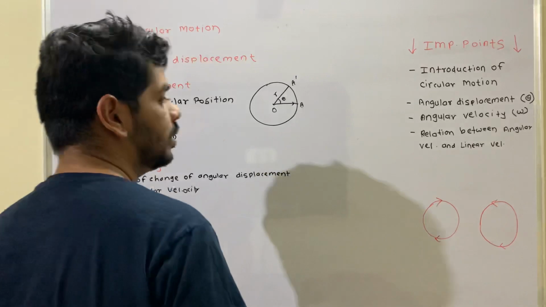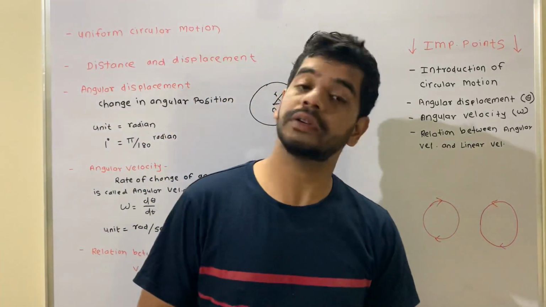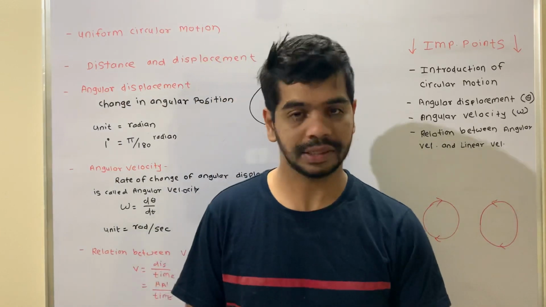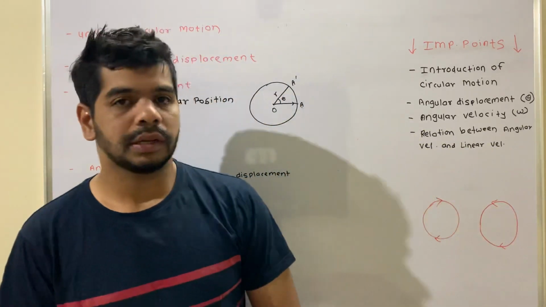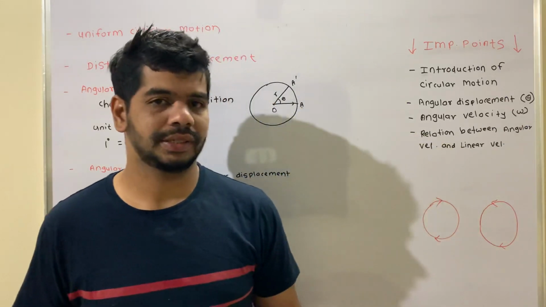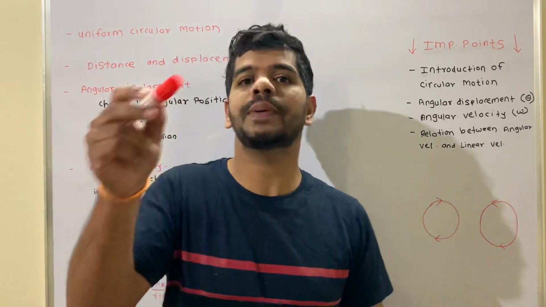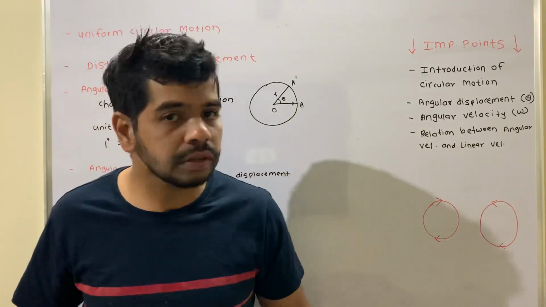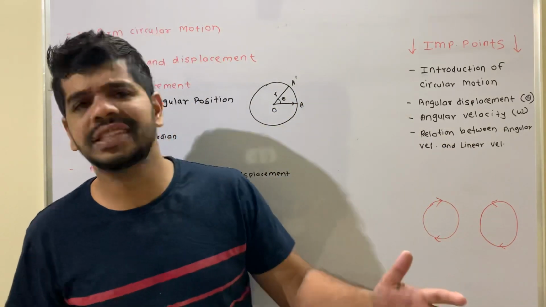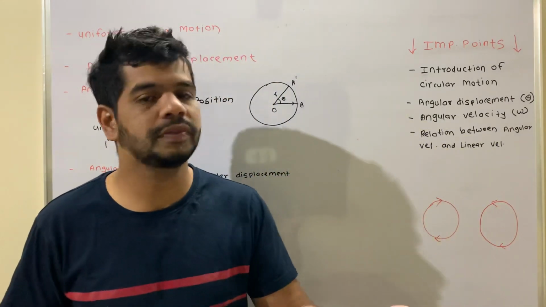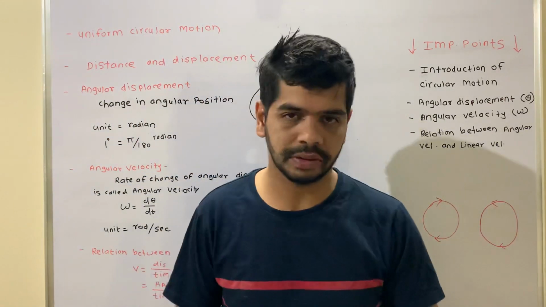So I think everyone knows about the circular motion. I think everyone heard that word, at least, circular motion. The motion in which the path followed by the particular particle is circular, we can call it as circular motion. In that circular motion, there are subparts like uniform circular motion and non-uniform circular motion.